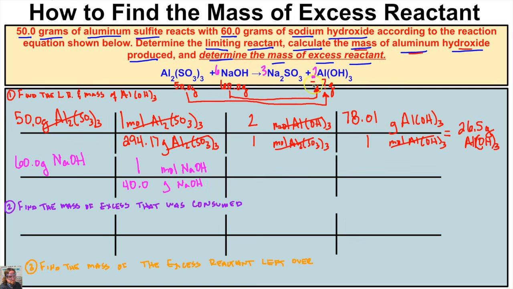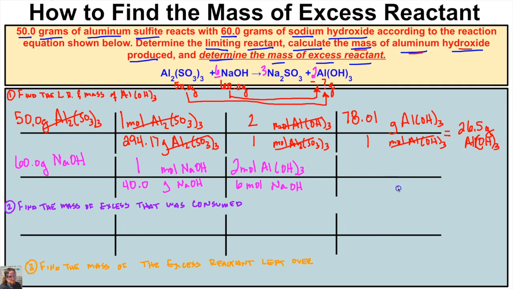So now if we take a look, our mole ratio here is 2 moles of aluminum hydroxide to 6 moles of sodium hydroxide, right? That will allow us to cancel out moles of sodium hydroxide now, leaving us with moles of aluminum hydroxide.